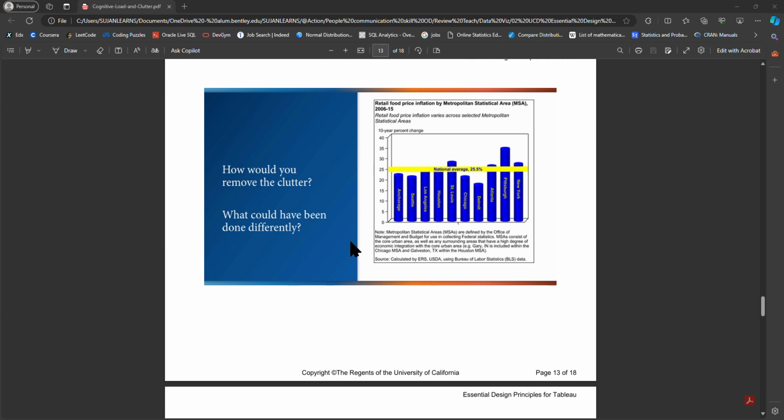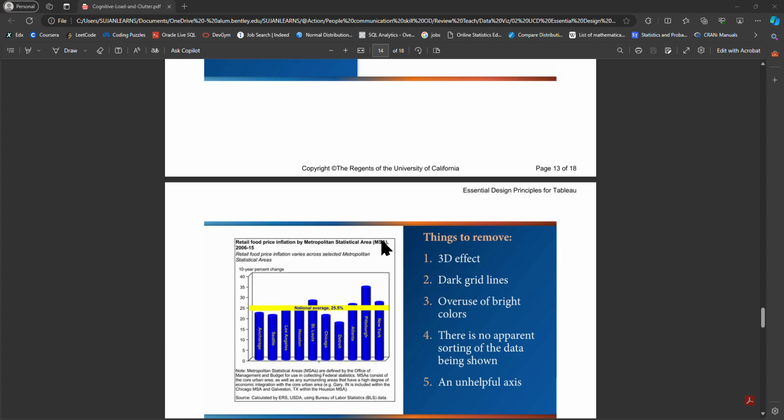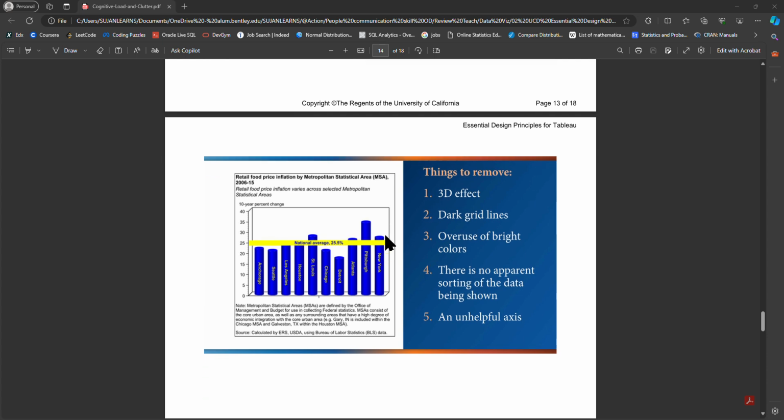From what I see, this chart has a few things that are outstanding clutters. For example, the 3D effect. It's always best to avoid a 3D effect in a chart unless we are doing a 3D graph or three-dimensional mapping of something.